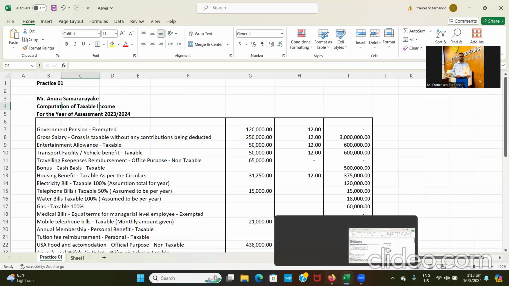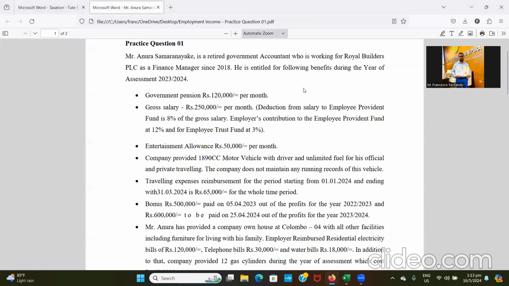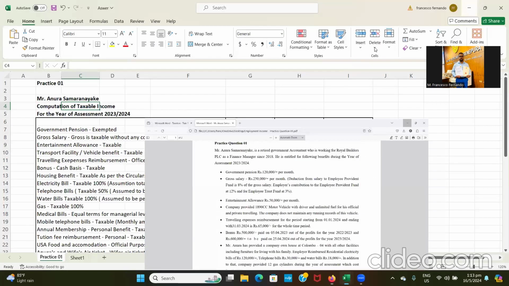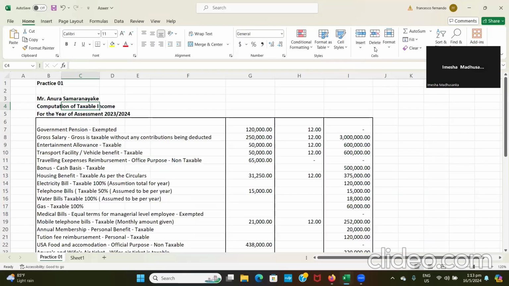Now the first adjustment, as Sindhunit said, government pension is 120,000 per month. We are preparing the income tax calculation for a year. How many months are there per year? 12. Now, government pension, as per the Inland Revenue rules, is exempted.